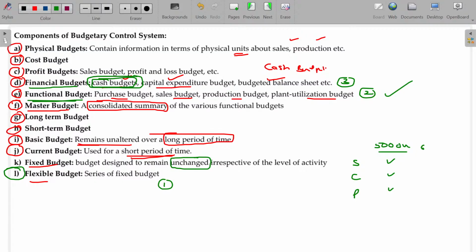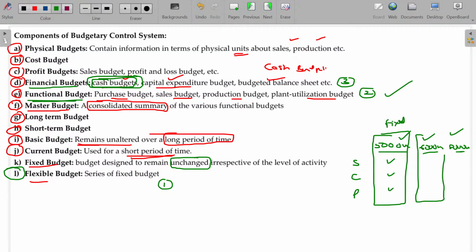If it is being 6,000 units, if it is being 8,000 units, can you give me the results? What could be the sales and what could be the cost and what could be the profit and all for this level, this level, this level? Yeah, of course, then you can answer. If I answer you the profit earned for 5,000 units, then it's called fixed budget. If I prepare for this, then it's called fixed budget.